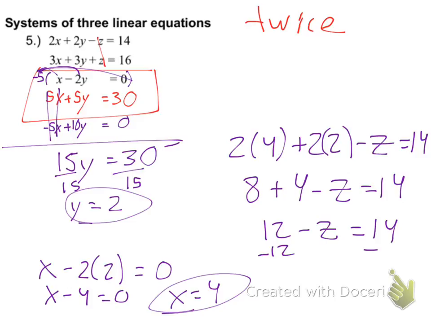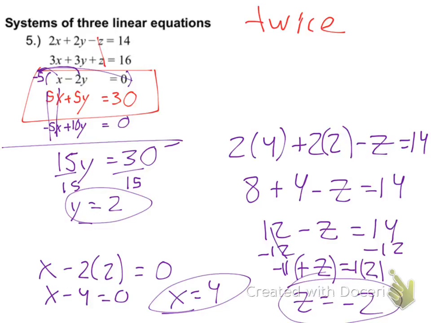Subtract 12. I'm running out of room. Negative z equals... I'm not solving for negative z. So we can multiply by negative 1, or you could divide by negative 1. So z equals negative 2.